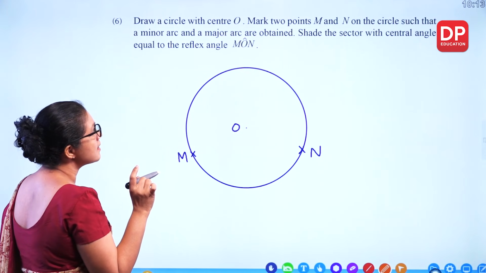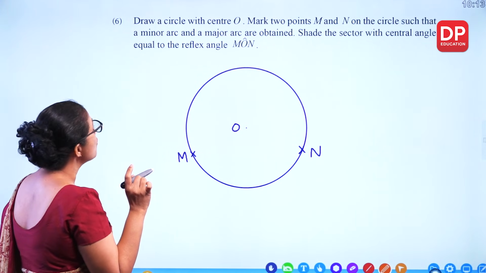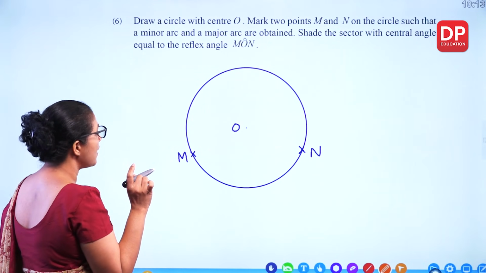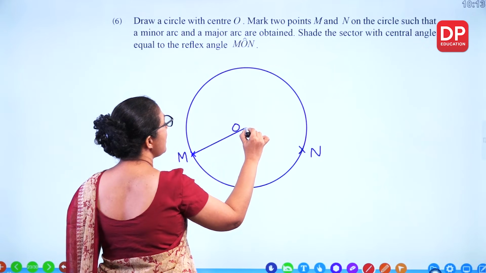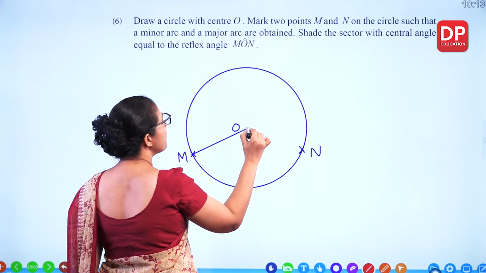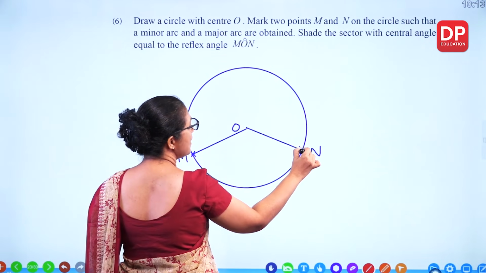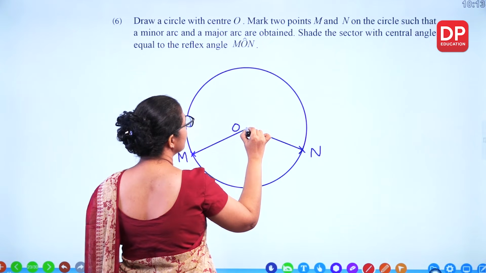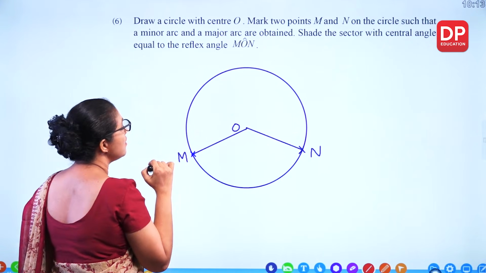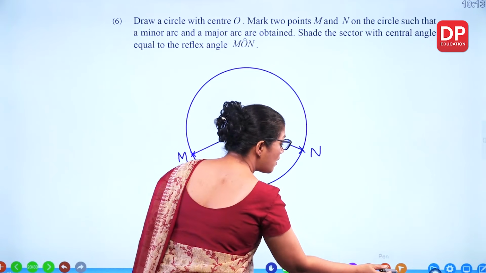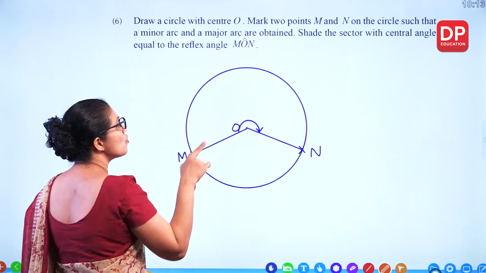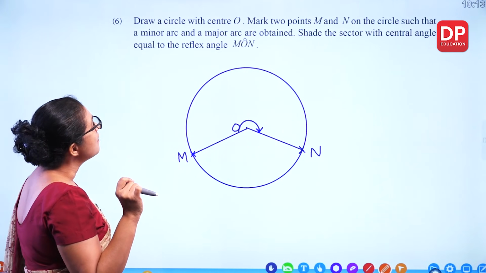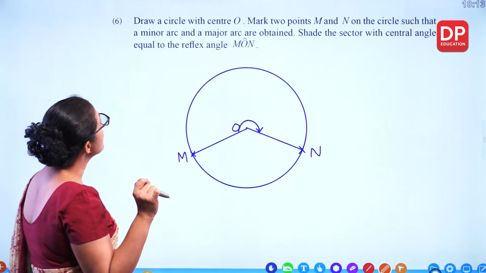Shade the sector with central angle equal to the reflex angle MON. So we need to connect the two radii OM and ON. And central angle is a reflex angle, means this one. So this is the reflex angle. So you need to shade the major sector.